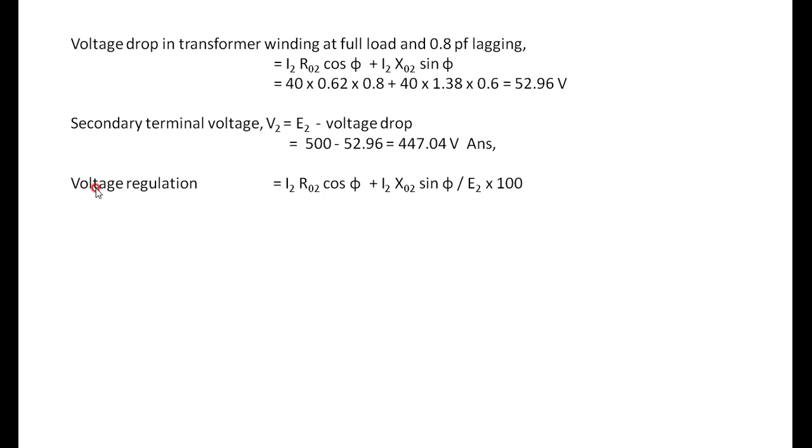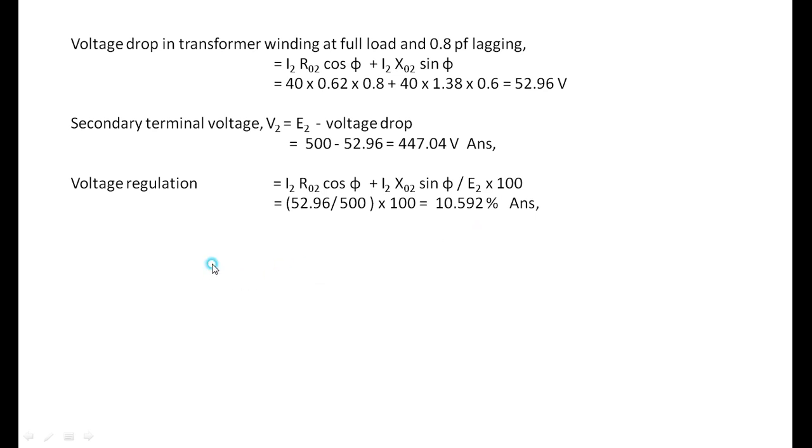Then the voltage regulation is the voltage drop divided by the no load voltage, that is I2 R02 cos phi plus I2 X02 sin phi divided by E2, into 100. That is 52.96 over 500, the no load voltage, multiplied by 100, expressed as percentage regulation, that is 10.592 percent.